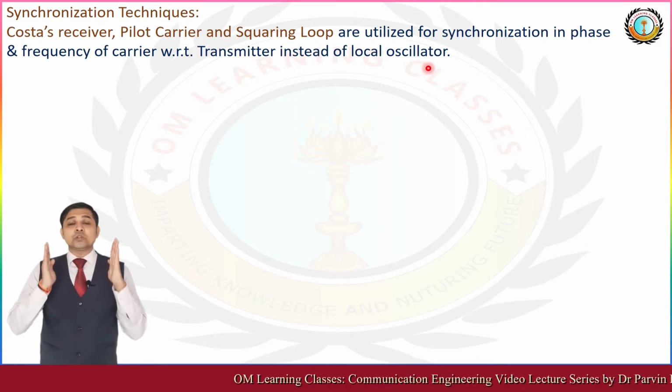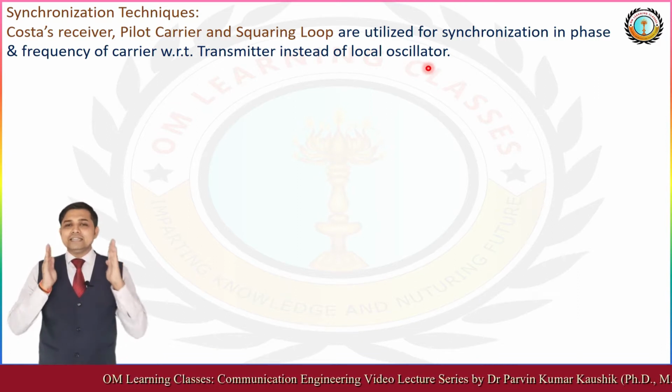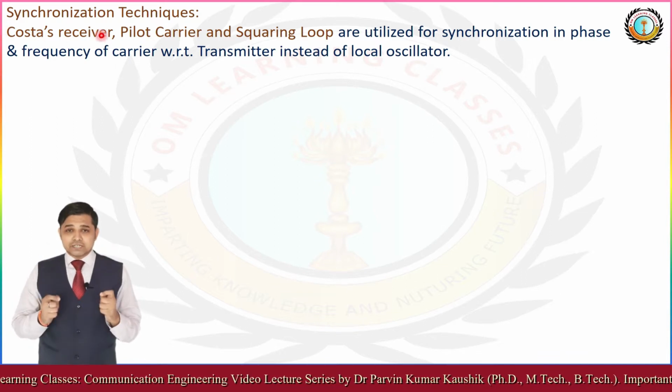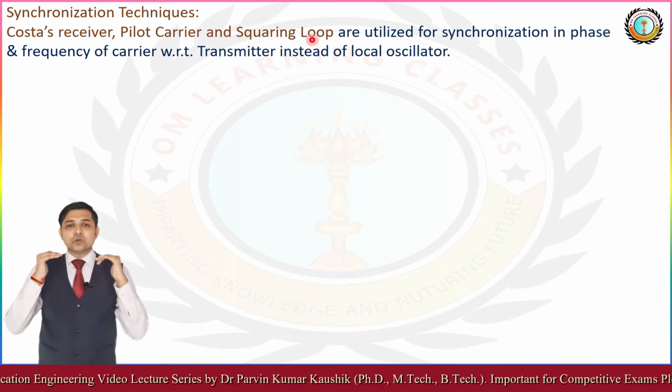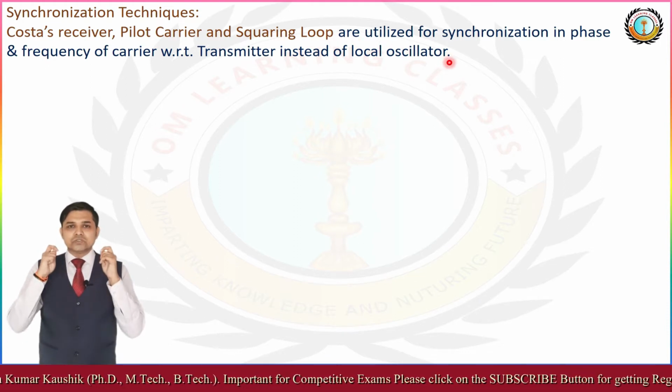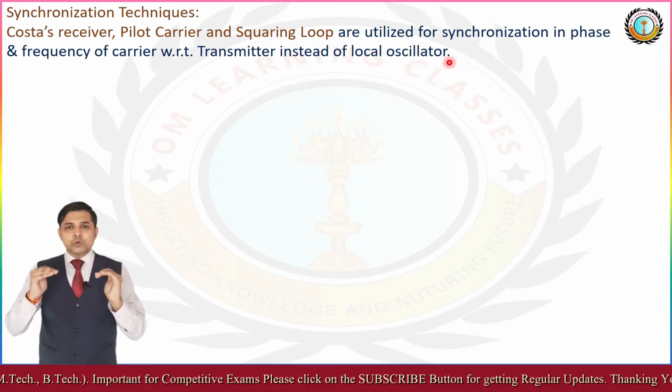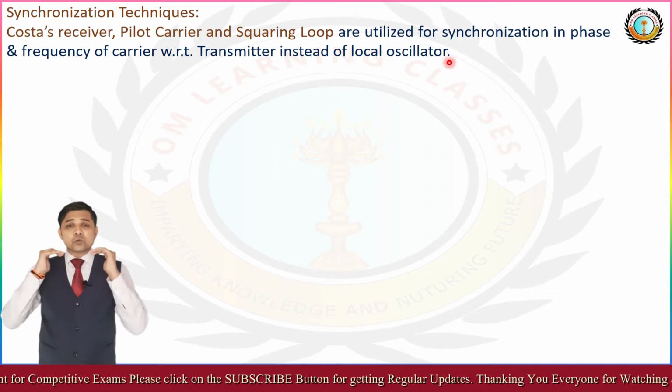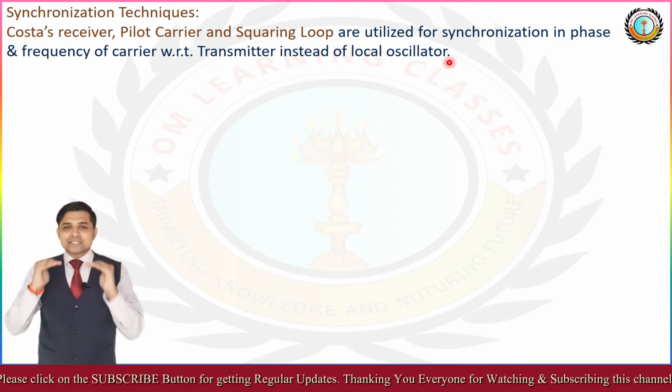So, these synchronization techniques avoid the need of a local oscillator, which is utilized for coherent detection at the receiver end. This is done to reduce the complexity and cost of the receiver.